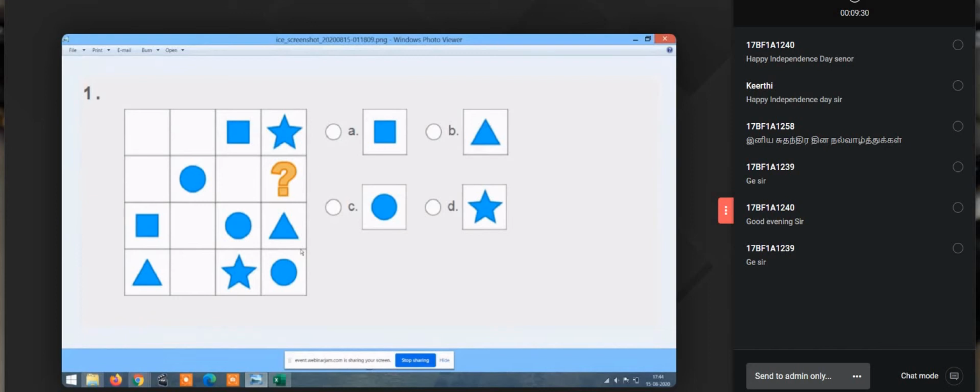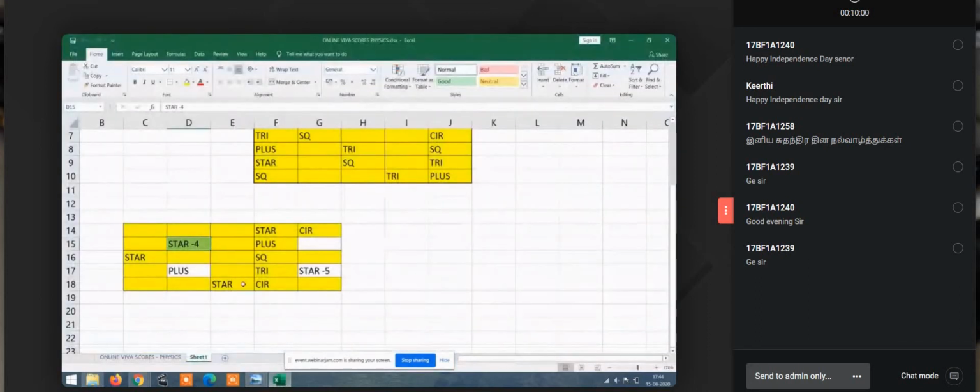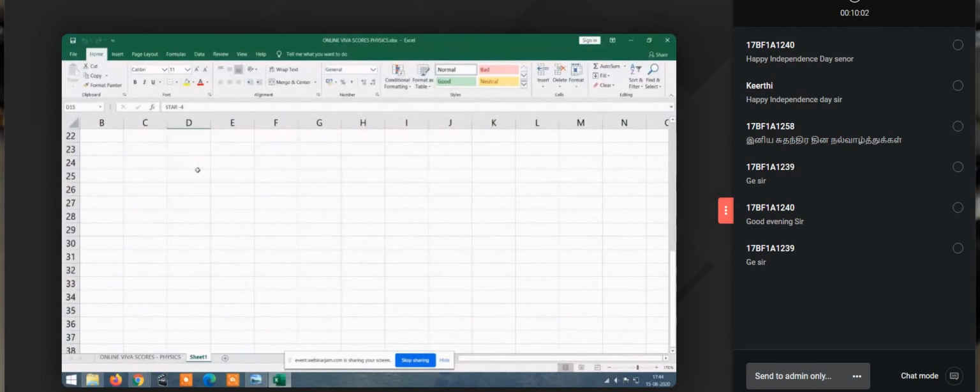Now, what you see here is a 4x4 grid. We call this whole thing a grid. You might already be familiar with these names. The thing that goes from left to right is what we call a row. The thing that goes from top to bottom is what we call a column. So here we have a row and we have a column. I'm going to show this in the Excel sheet. In the Excel sheet, you know this, right?